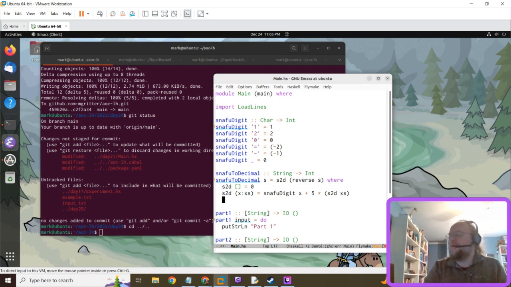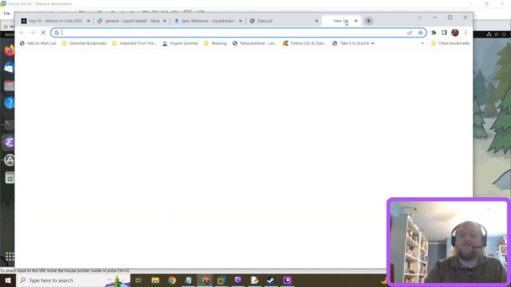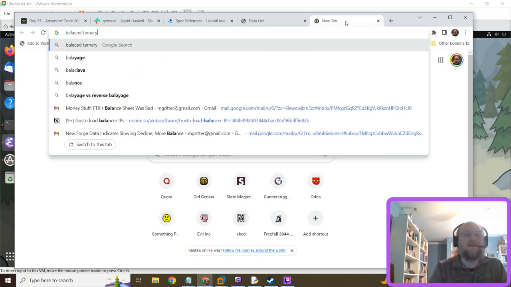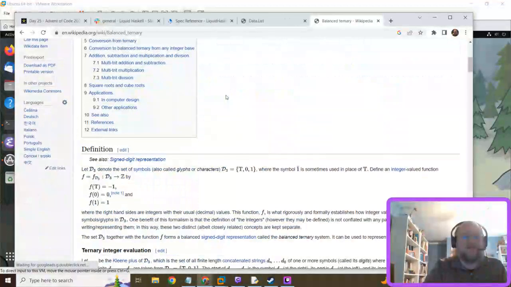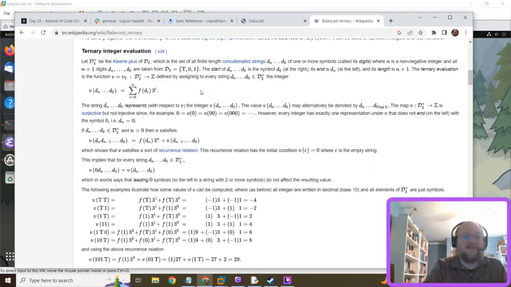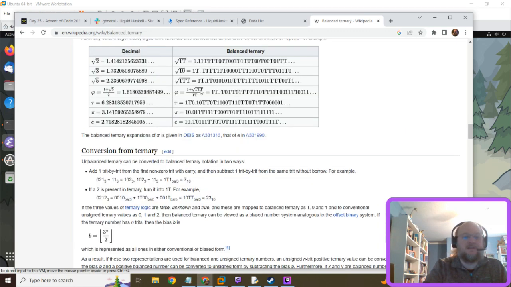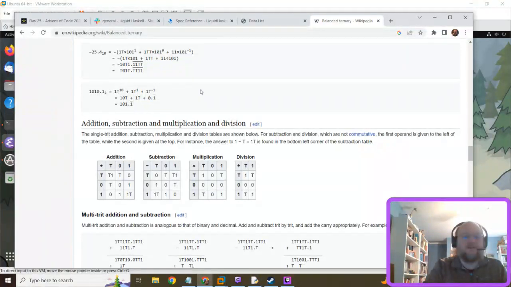I feel like I should be able to do this, but I'm gonna look at the balanced ternary Wikipedia page. It's the same idea. Conversion.